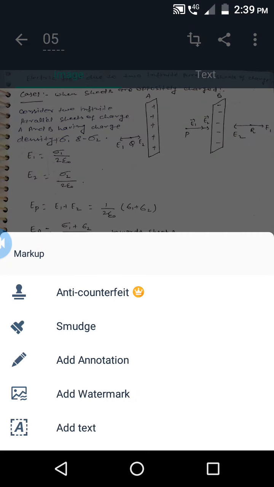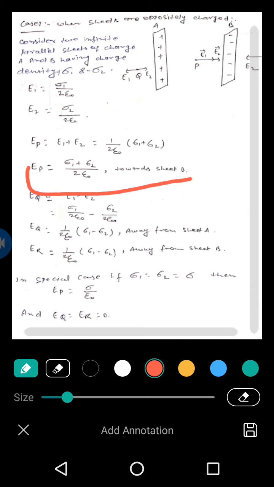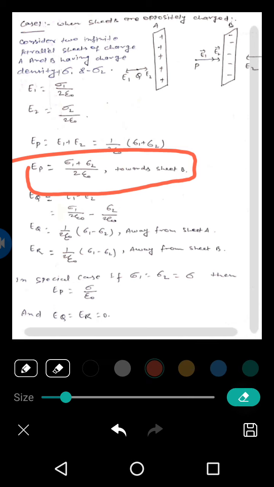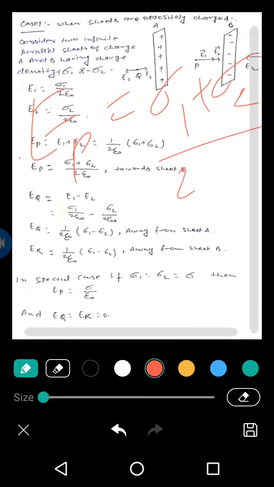That's why EP equals sigma 1 plus sigma 2 divided by 2 epsilon naught. This is the electric field at point P.